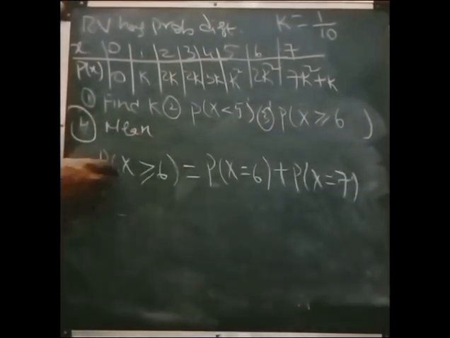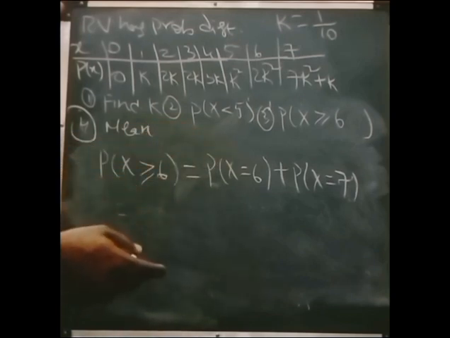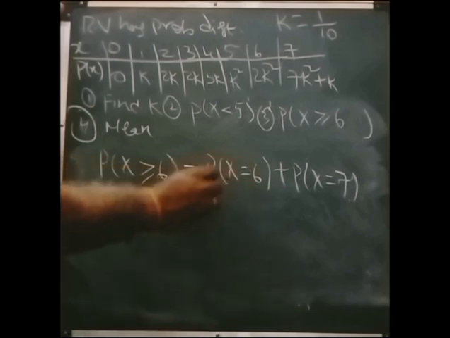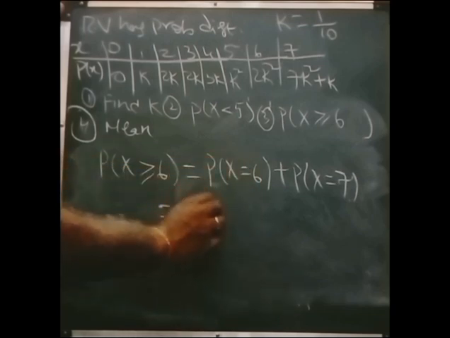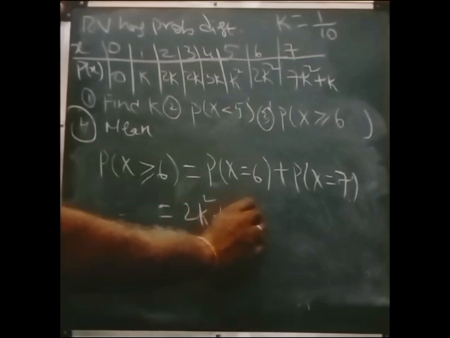For x greater than or equal to 6, x may take 6 as well as 7, and so the corresponding probability of x equal to 6 is 2k square, and probability of x equal to 7 is 7k square plus k.